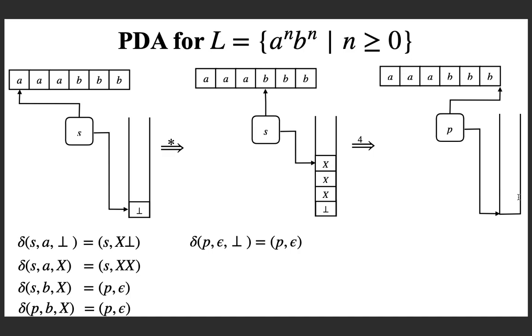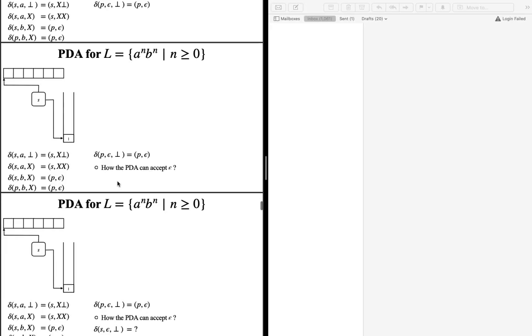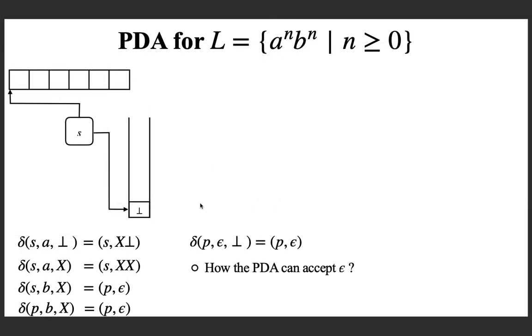Are we done? Not exactly. Ask this question: how can the PDA accept the null string? When you substitute n as 0, the resulting string is the null string which is in the language, and for that this is the configuration of status. Nothing is there on the input tape. S is the start state, and you have this bottom of stack symbol on the stack.